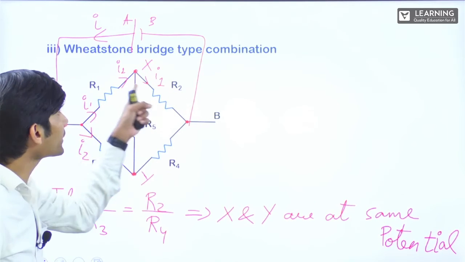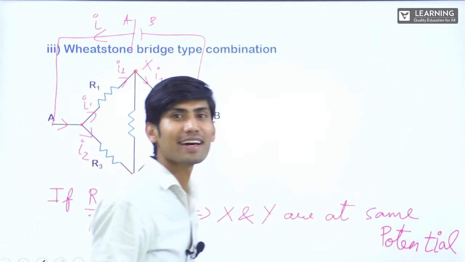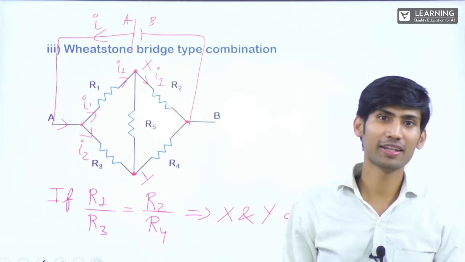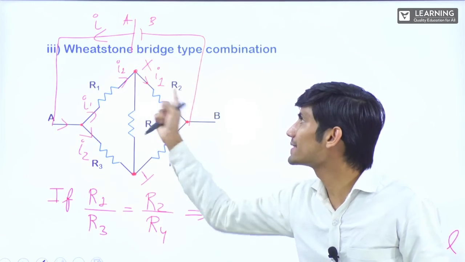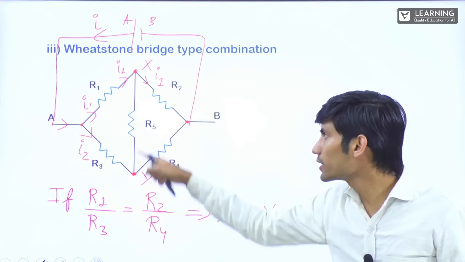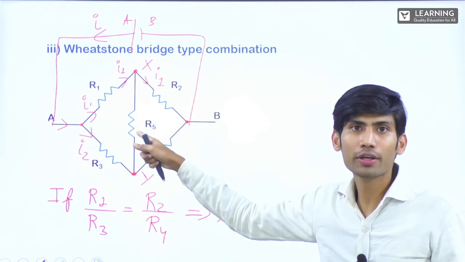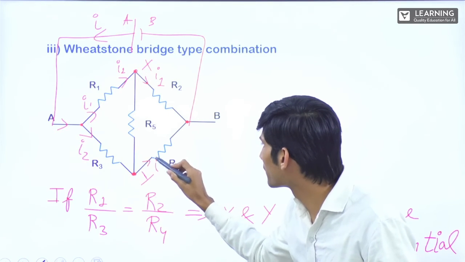We know that when two resistances are in series, the current in them is the same. Here, in both these resistances, the current is the same. Here also this I2 will go here, nothing will go here, right? Because the current is not flowing here. Both are at same potential X and Y. So this I2 will only go here.